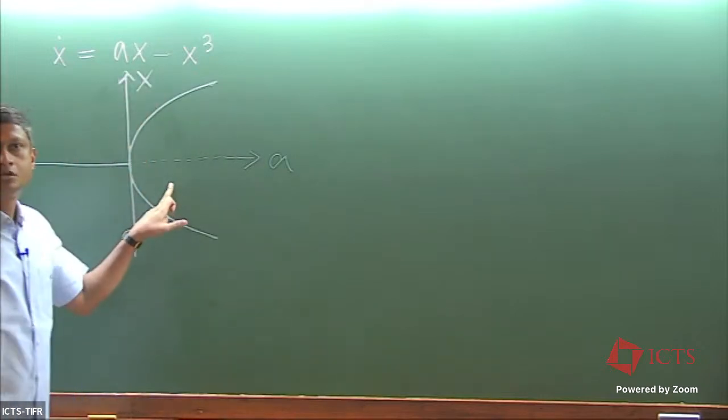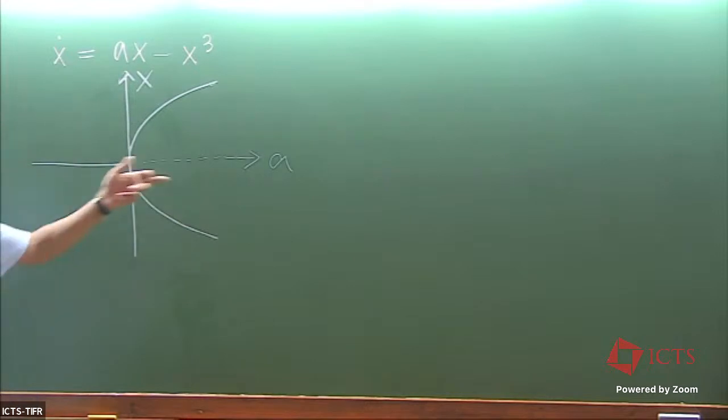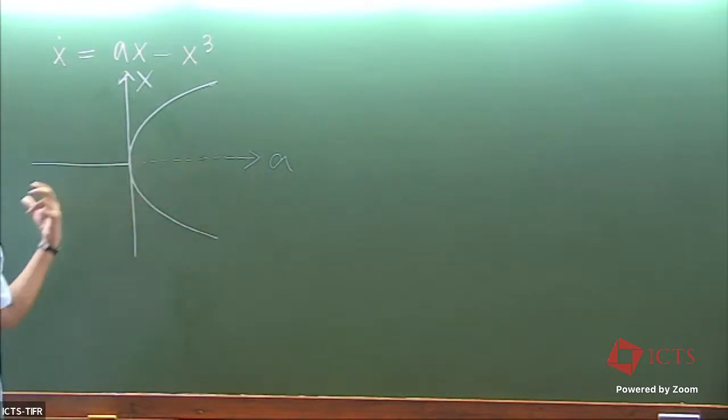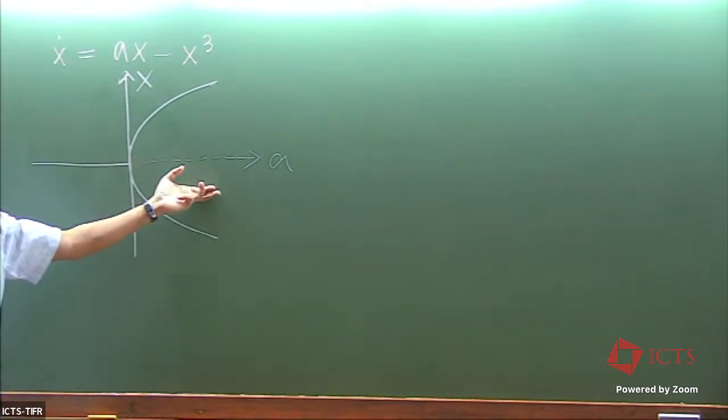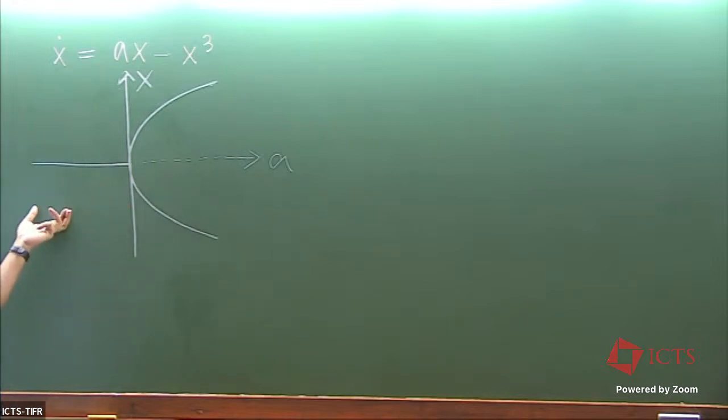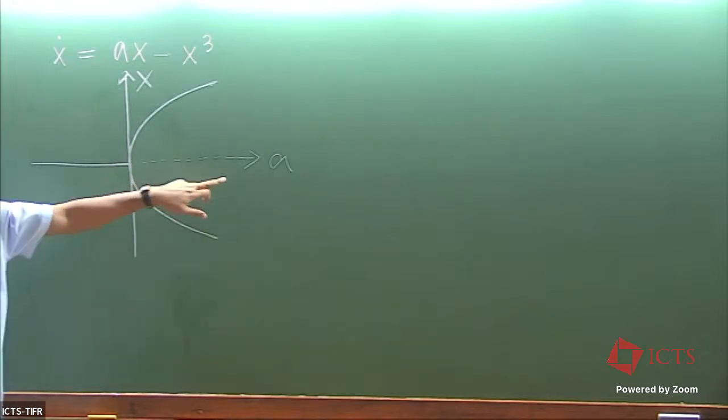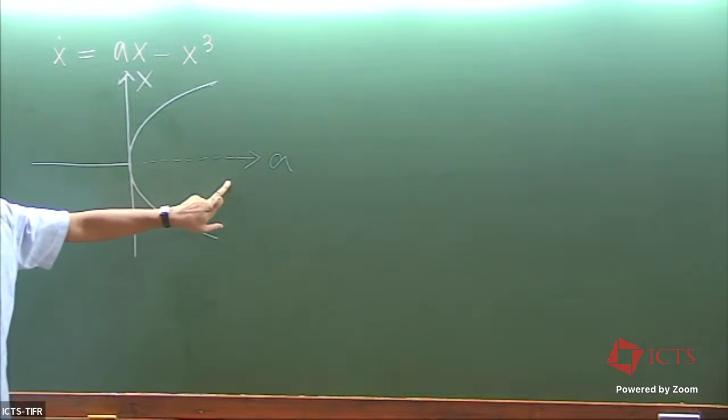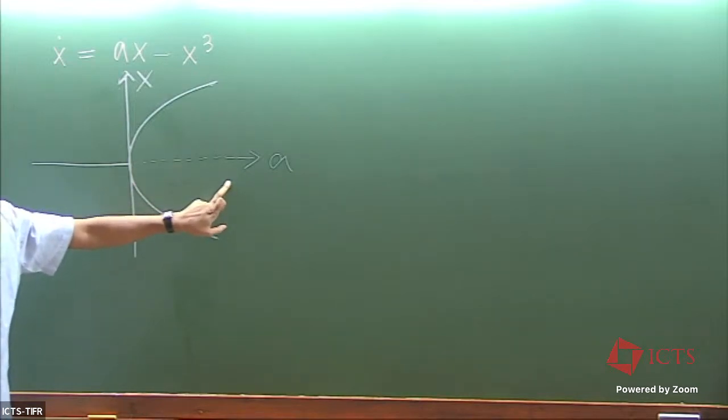Fine. So what you see is that as you vary A, there is a change in stability, right? The equilibrium point is changing its nature with variations in A, because the eigenvalue that we have calculated is a function of A.